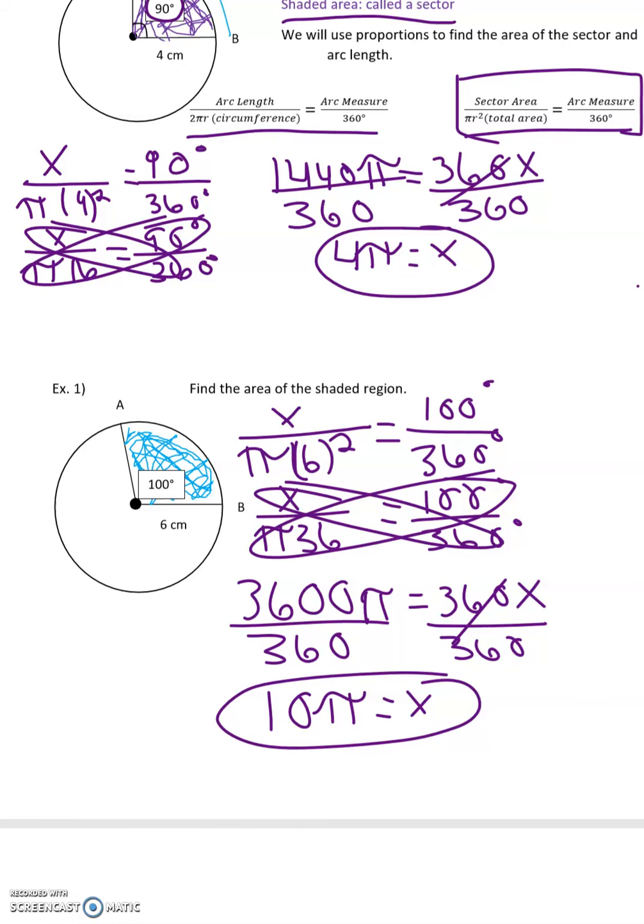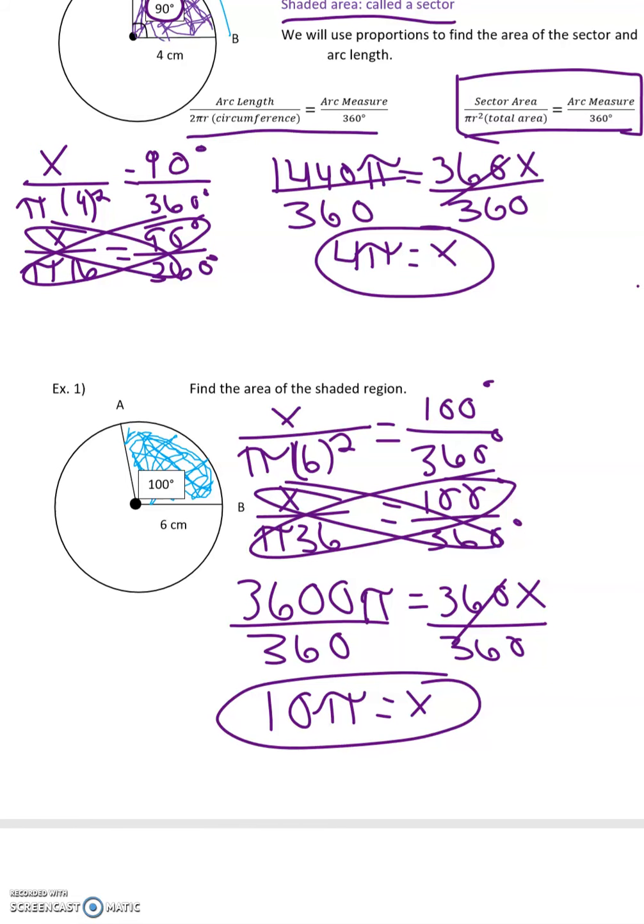So again, going to simplify a little bit. x over 30 pi equals 120 over 360. Cross multiply. 120 times 30 is going to give us 3600 times pi equals 360x. And then again, to solve for x, we're dividing by 360 on both sides. And that's going to give us 10 pi.